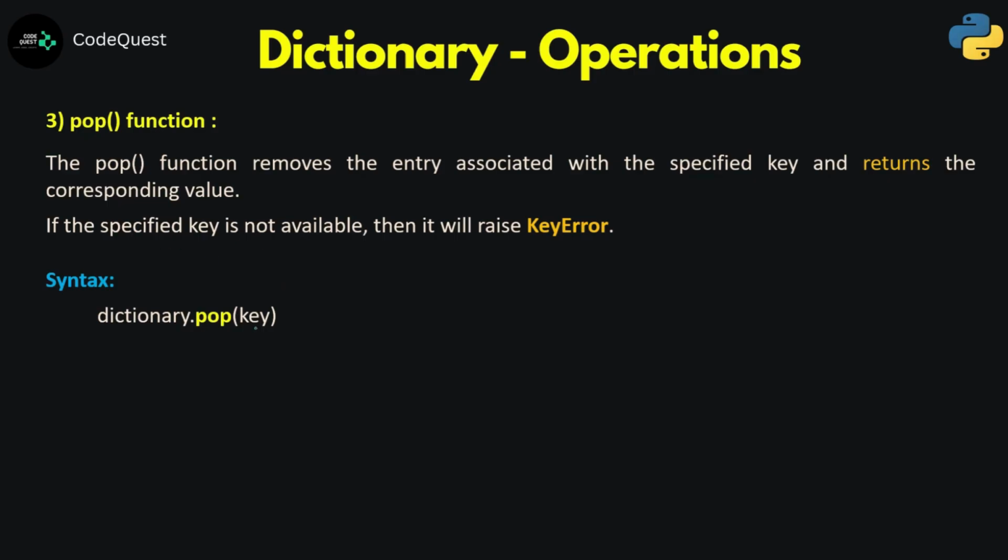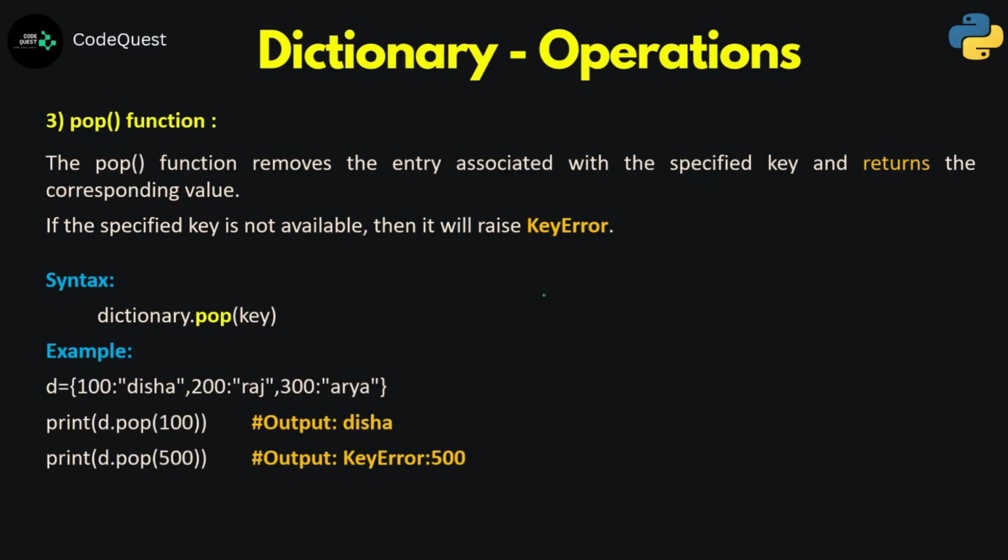If the specified key is not available, we get an exception, that is KeyError. Now let's see, we have taken this dictionary holding this set of elements. When I write d.pop of 100, 100 is available, so I get the corresponding value returned, like we said here.